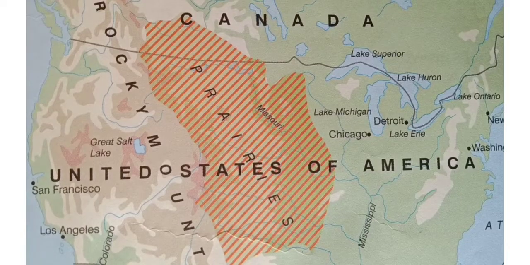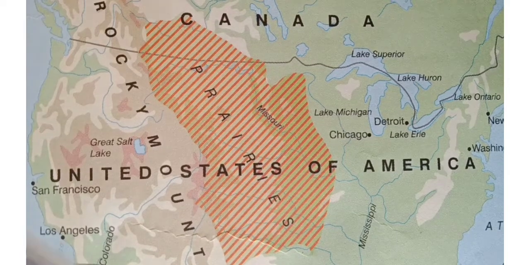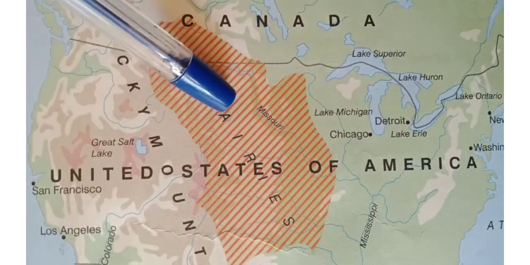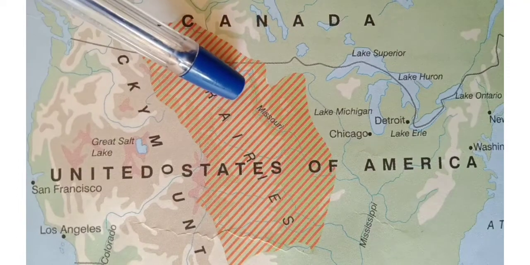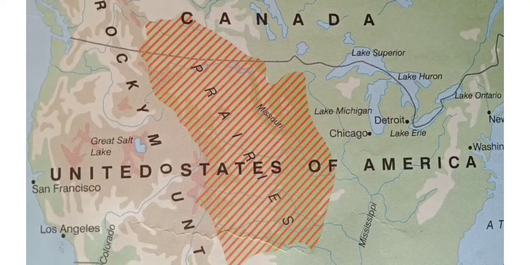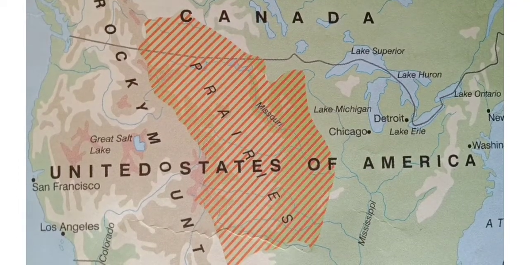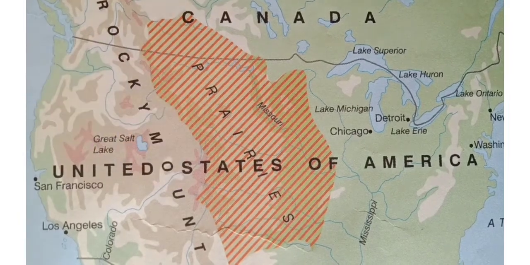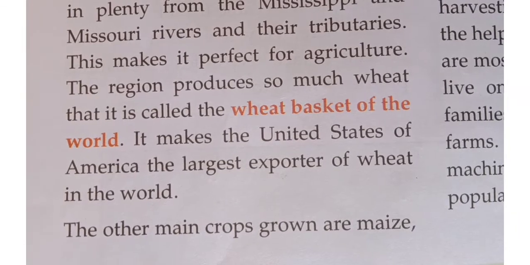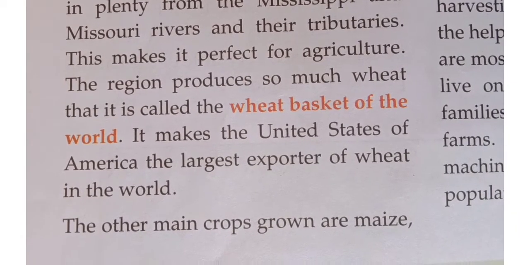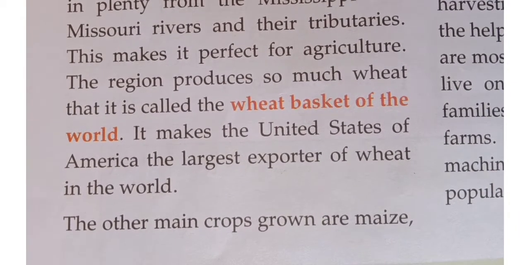For agriculture, the rivers like Mississippi and Missouri and their tributaries are used in this prairie grassland. This region produces so much wheat that it is called the wheat basket of the world.